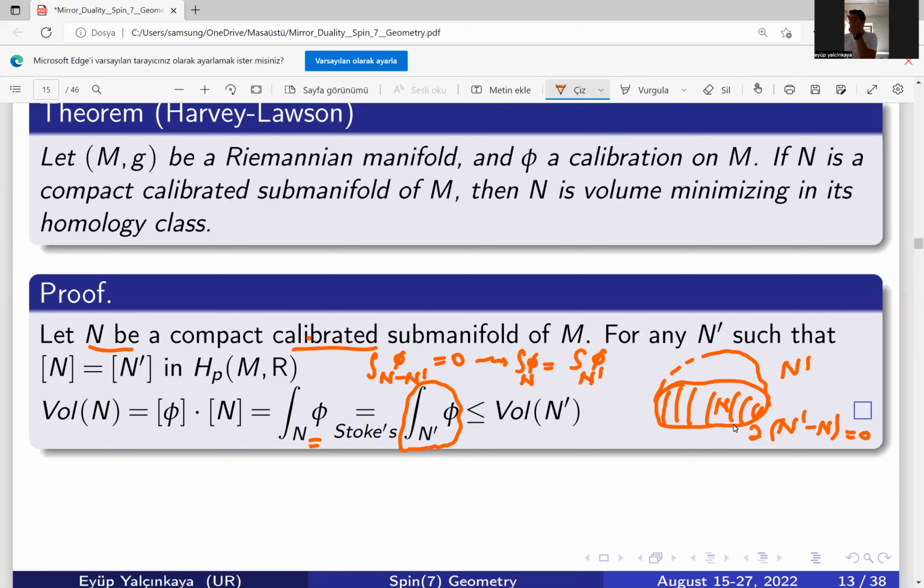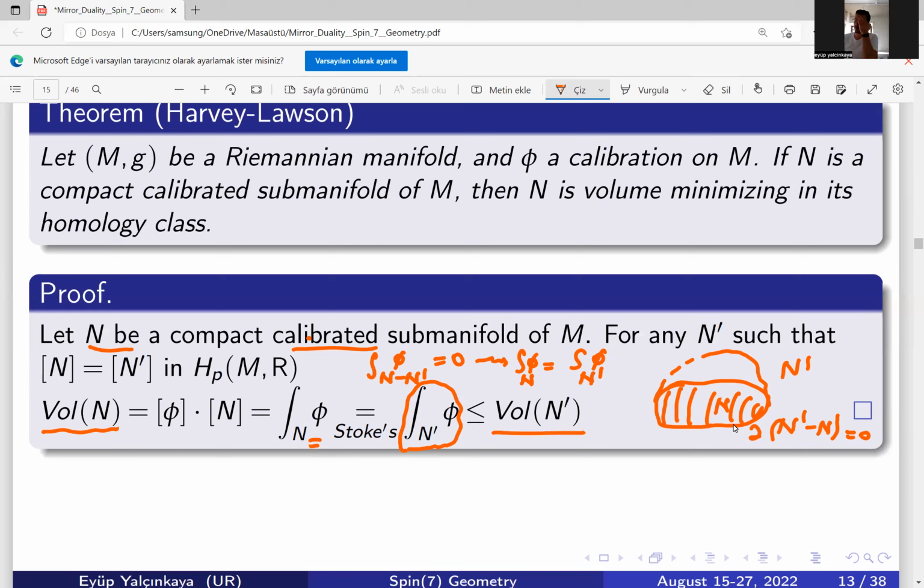But we know that the integral of phi over M prime is, by our definition for this geometry, smaller than or equal to the volume of M prime. You remember alpha times volume M prime, and alpha has to be smaller than 1. So it directly says that the integral of phi over M prime has to be smaller than the volume of M prime, and so we can say that for all N, the volume has to be smaller than that of other possible M prime. Okay?